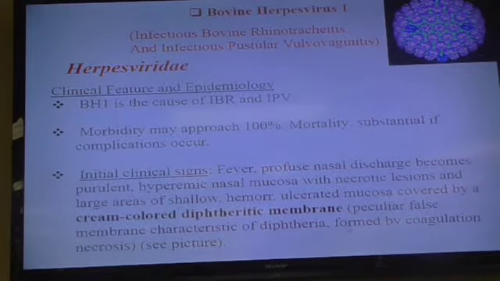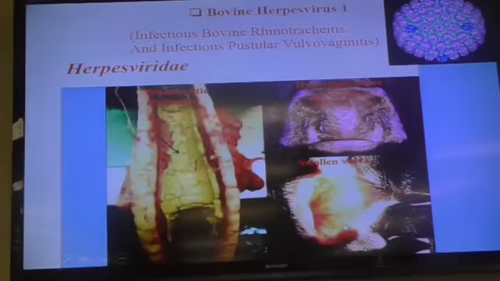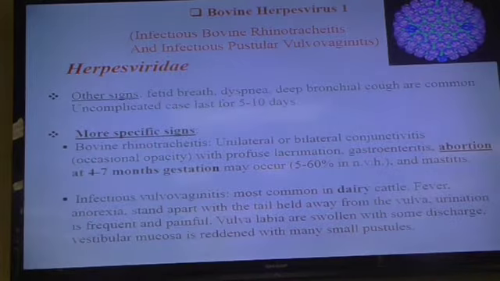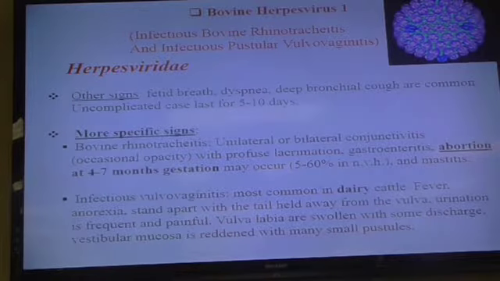Obviously not bacteria, but it's similar to bacteria, it's doing the same. The other signs, fetid breath, dyspnea, deep bronchial cough are common. So dyspnea obviously is as a result of blockage of the trachea.